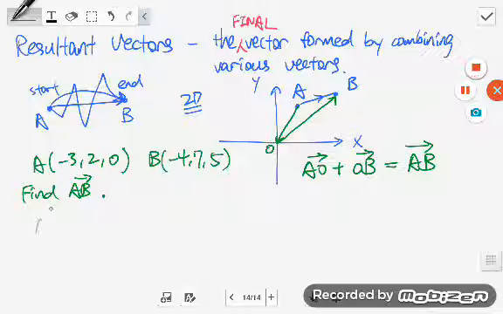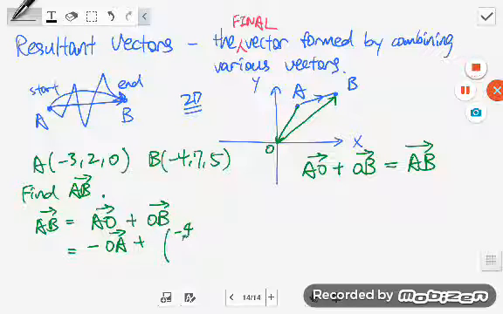So my vector of AB is equal to my vector of AO. So I'm going to travel from my point A back to my origin, and then from my origin I'm going to get to my point B. My vector of AO is basically the negative vector of my position vector, OA, plus my OB would be -4, 7, and 5.